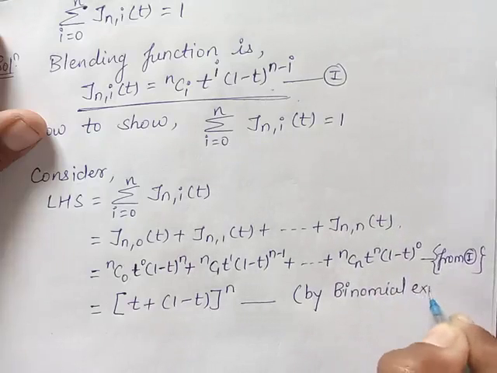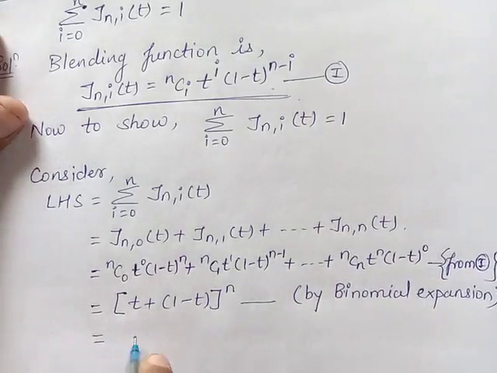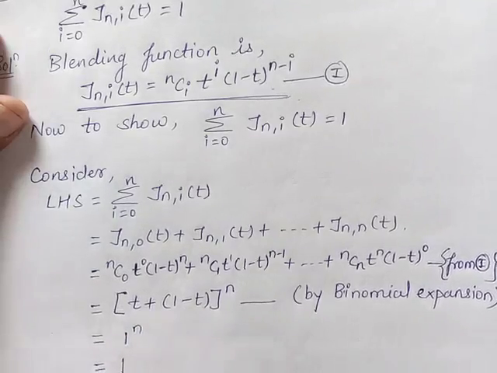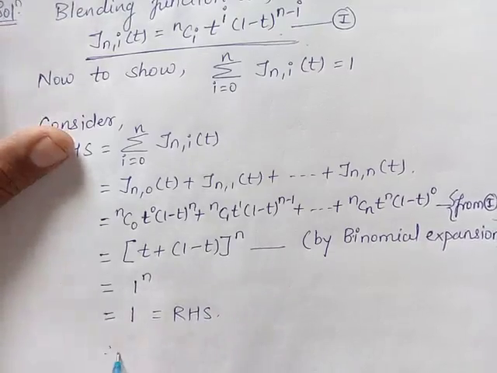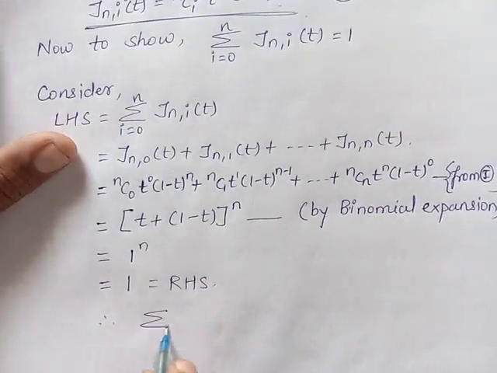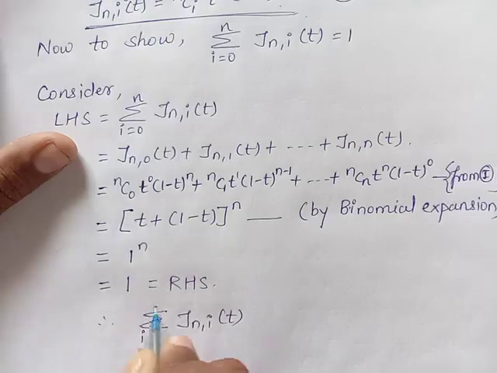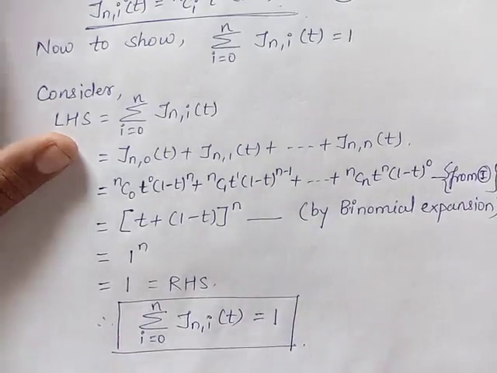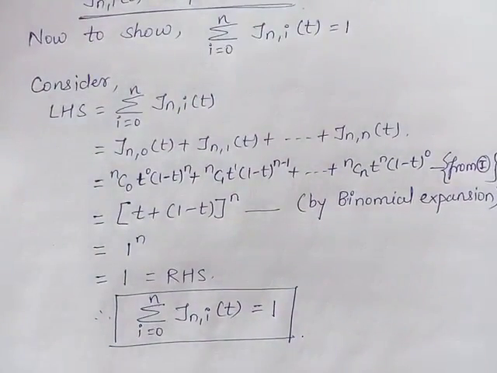Okay, so here in between the bracket, this t and minus t can cancel, so it is simply 1 raised to n, so it is 1, and that is nothing but what here? RHS. Therefore you can say summation Jni of t, i varies from 0 to n, is how much? 1. It is 1. Okay, this is our proof for that last property, that is sum of all Bezier basis function is what? 1.